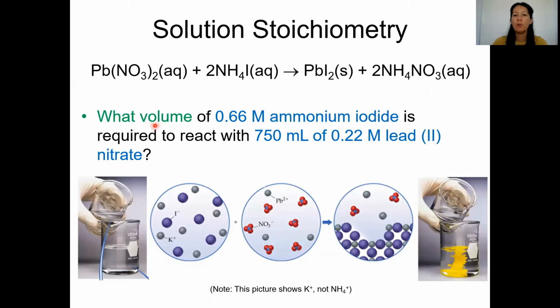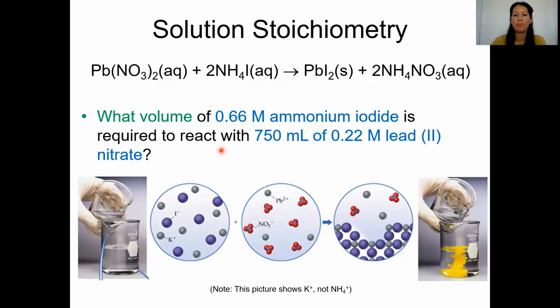What volume of a certain concentration of the ammonium iodide is required to react with a certain volume and concentration of the lead nitrate? So we have to work with volume and molarity because we're dealing with solutions. But if you multiply liters times molarity, you get moles. And when you're in moles, that's how you can relate reactants and products, or reactants and reactants.